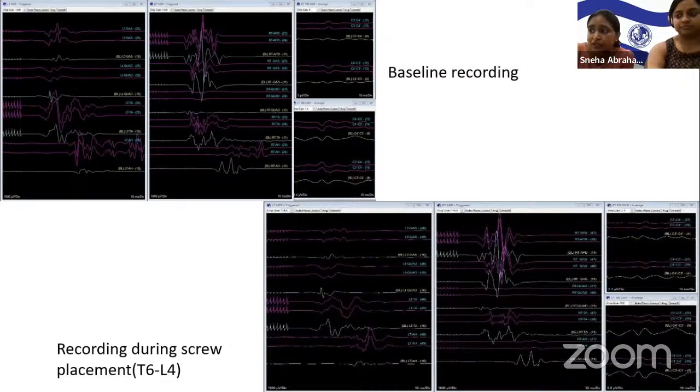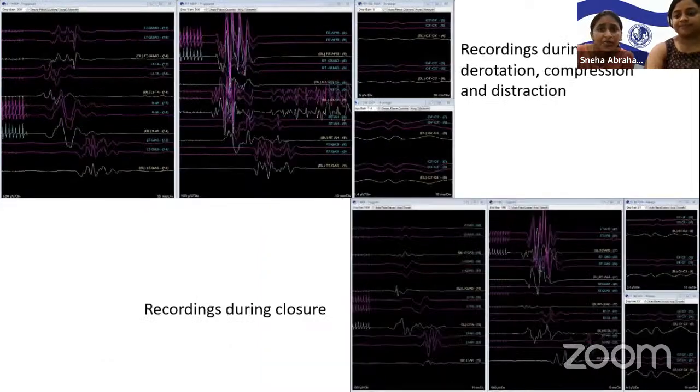For somatosensory evoked potentials, the stimulating electrode was placed at the posterior tibial nerve, and at the cortex, it was placed at the sensory cortex. SSEPs also showed adequate amplitudes with consistent latencies throughout the surgery. These were the recordings obtained during derotation, compression, and distraction, and these were the recordings obtained during closure.